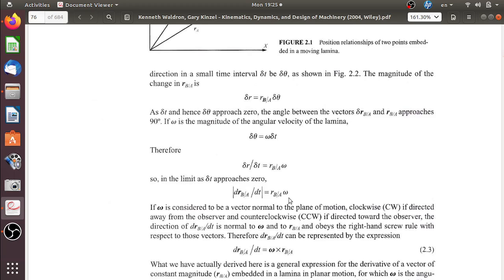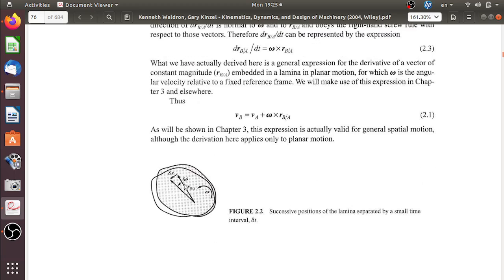What about the direction? Because we have to associate the direction as well, right? The direction will be perpendicular to this RB/A. If the rotation is very small, then delta r is in the direction perpendicular to RB/A.